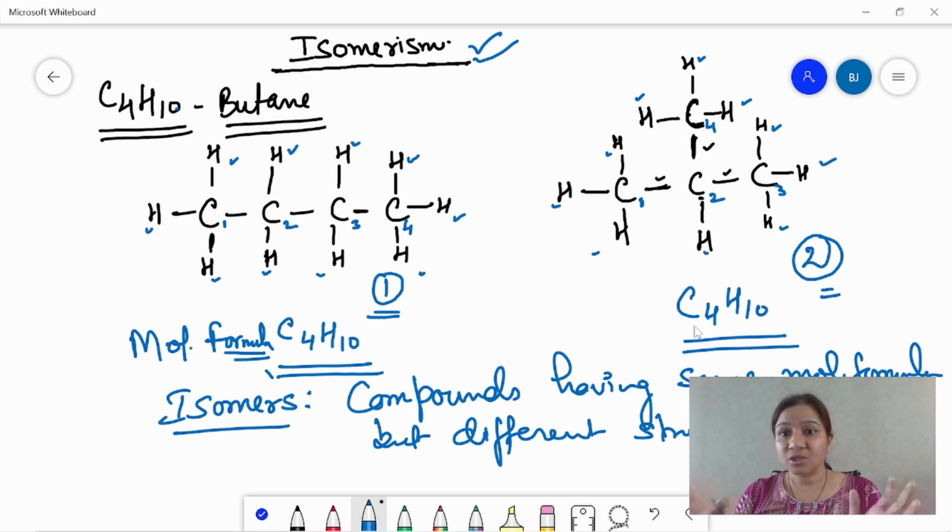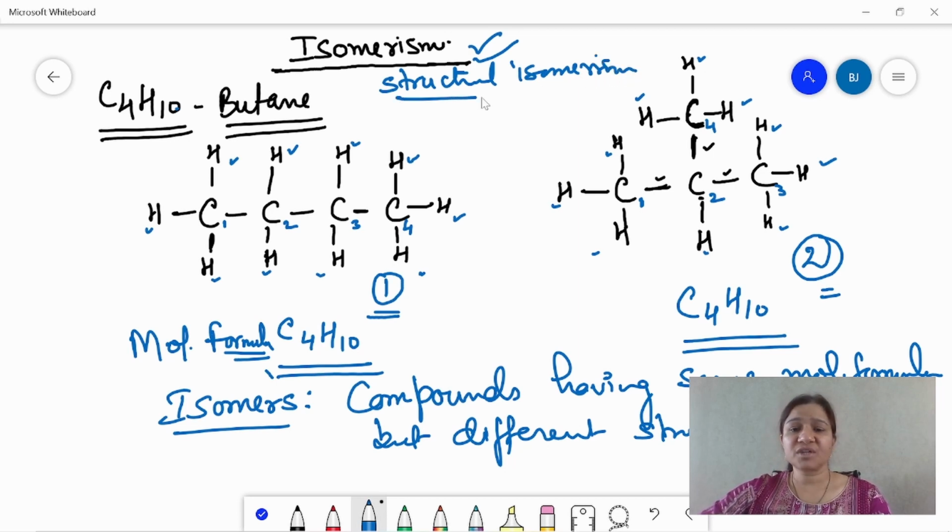Since the two isomers differ from each other on the basis of their structure, that is also known as structural isomerism, right? Further, in structural isomerism, we can say chain and position isomerism.